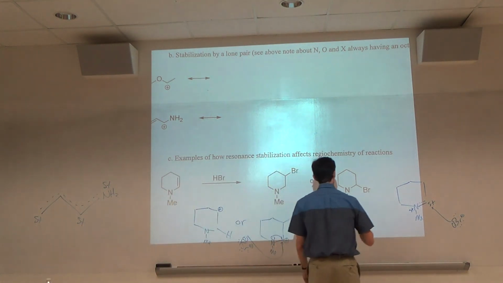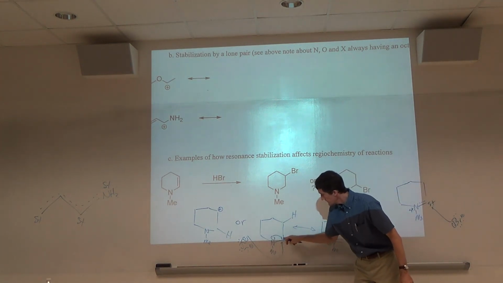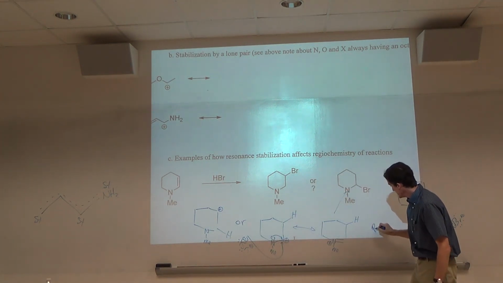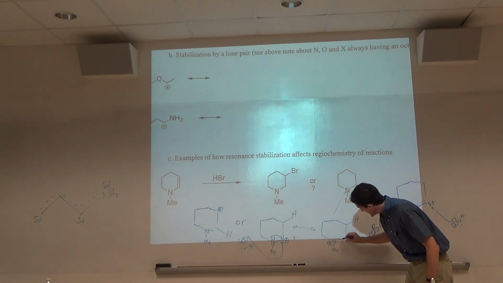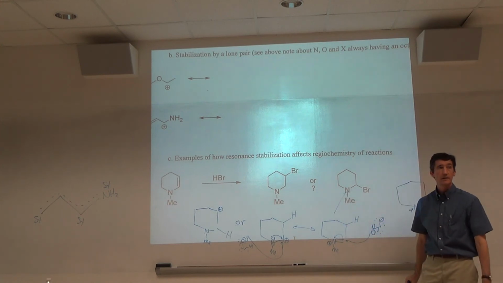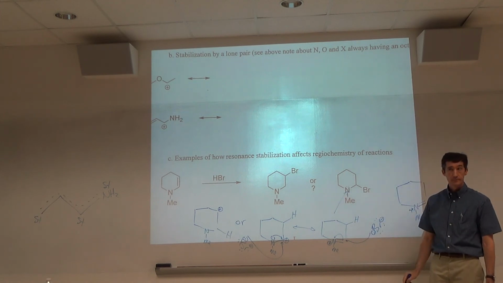For example, so this is our final product. We can get there from this arrow. We can also get there from Br minus adding here and kicking these electrons back over to that nitrogen as a lone pair.